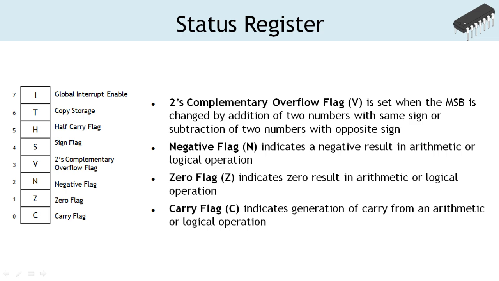And the flag is also set when the subtraction of two numbers with different sign result in the change of the most significant bit of the result. That means the subtraction of a positive number from a negative number has resulted in a positive number, or subtraction of a negative number from a positive number has resulted in a negative number. Can you think of such scenarios?